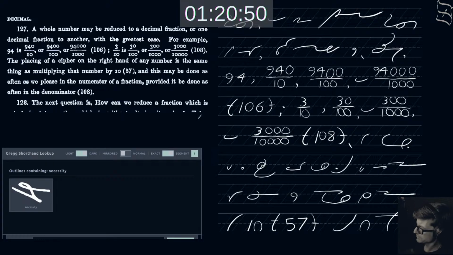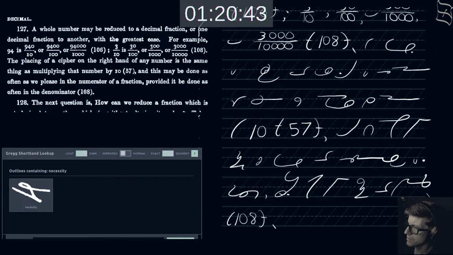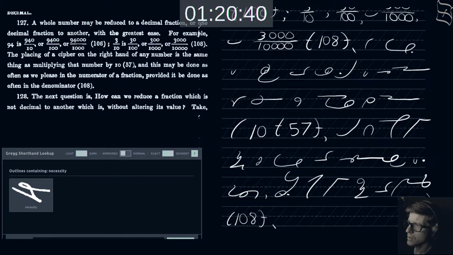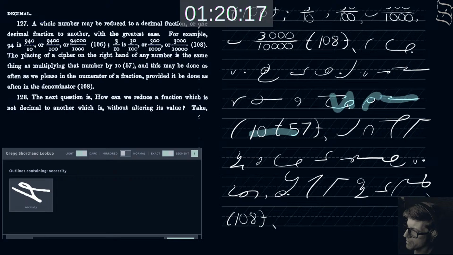The placing of a cipher on the right hand of any number is the same as multiplying that number by 10, according to Article 57.